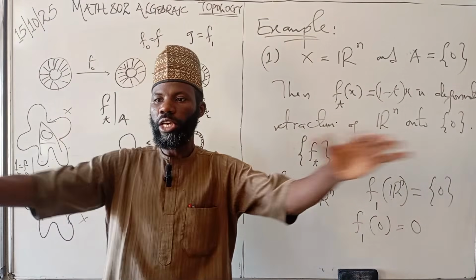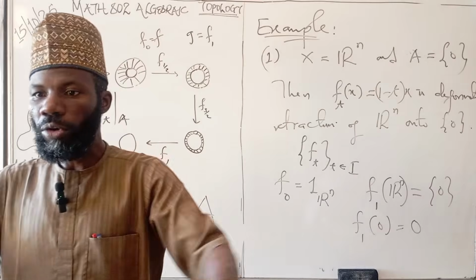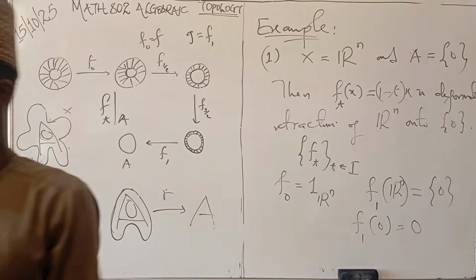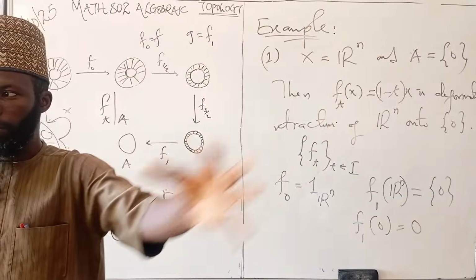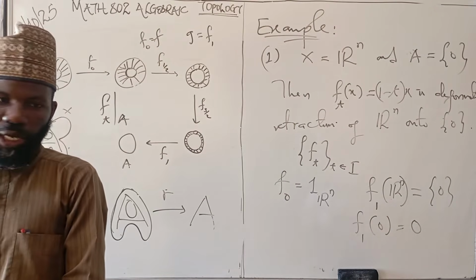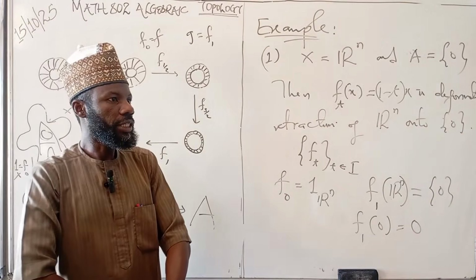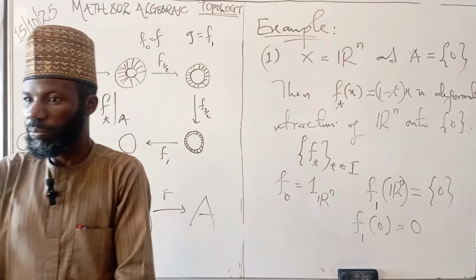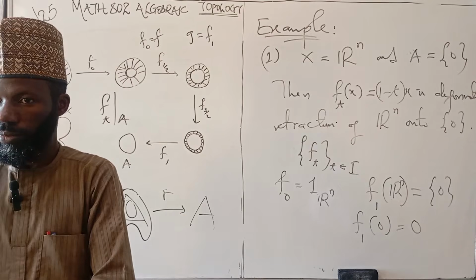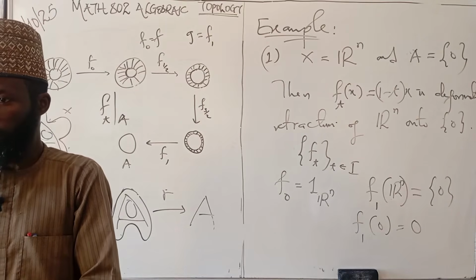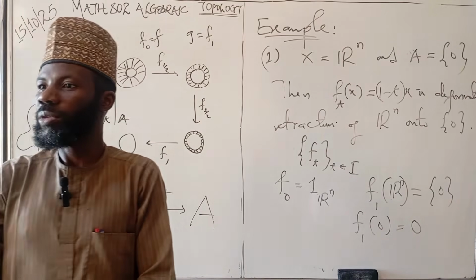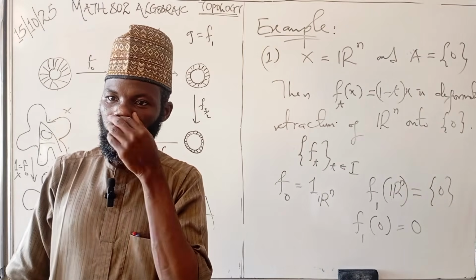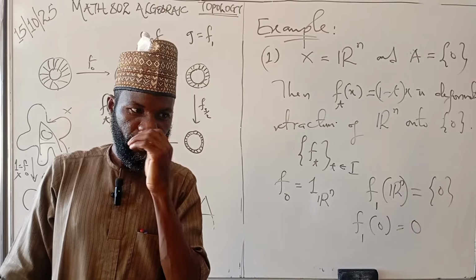So the entire Euclidean space can be deformed down to a point. So you can collapse the entire space to a point. I hope it's okay. But you know that Euclidean space is not homeomorphic to a point. You know that? Is it homeomorphic to a point?